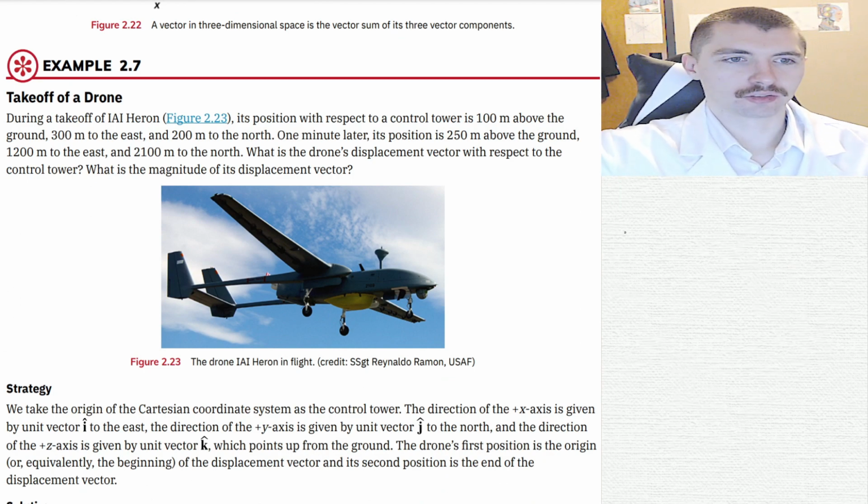All right, so during a takeoff, this drone, its position with respect to a control tower.